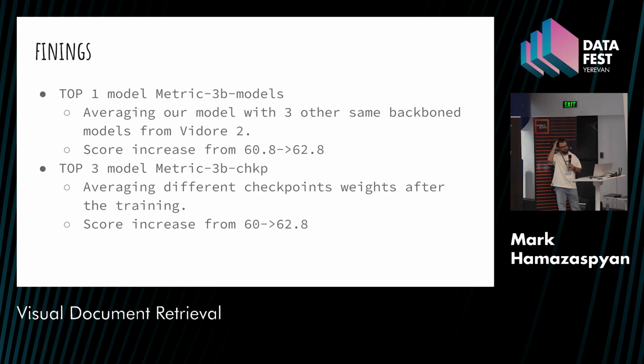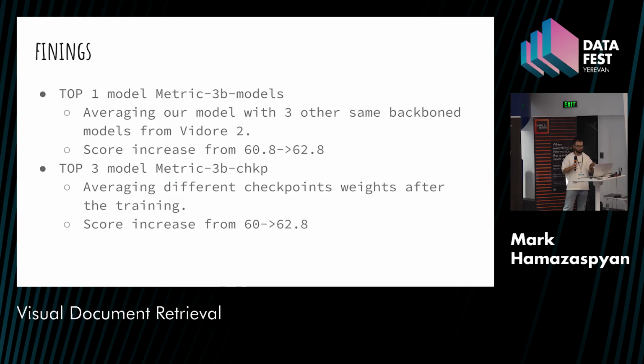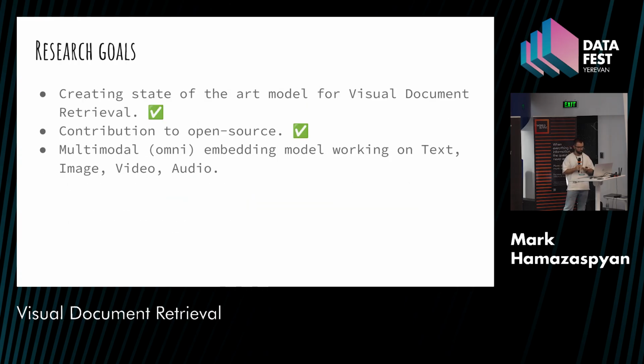Beforehand, all these models were having scores around 60 to 61. And with just simple weighted averaging, we were able to get a score of 36.8. So this is a very interesting and cool finding that we got from all these experiments.